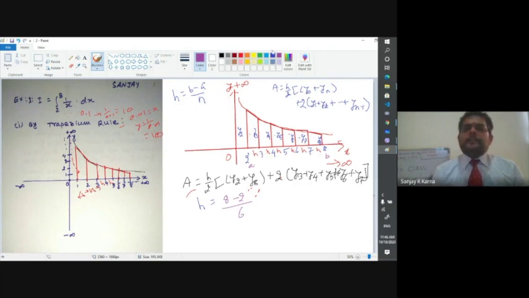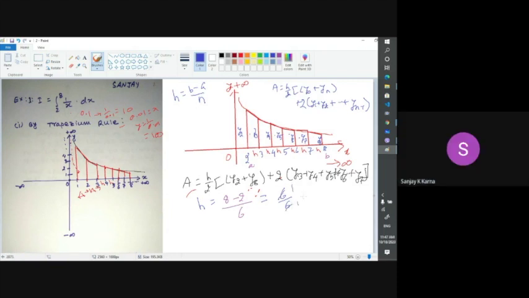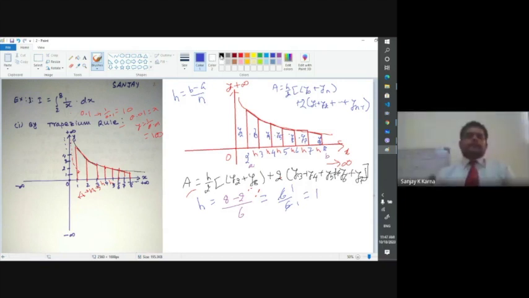So the value of that equal width is 6 divided by 6, these two cancel out and its length is 1 unit. So we found the value for h. Now let's talk about the values of y2, y3, y8 and so on.